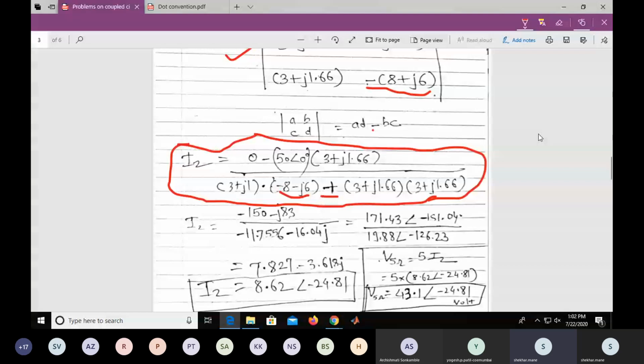Then I can convert this numerator and denominator into polar form. In polar form, magnitude parts get divided and angle part gets subtracted. So minus 151.04 minus minus plus 126.23, you will get minus 24.81.